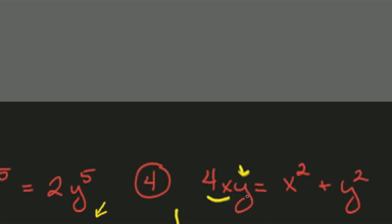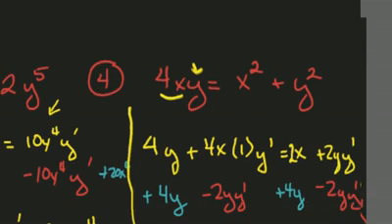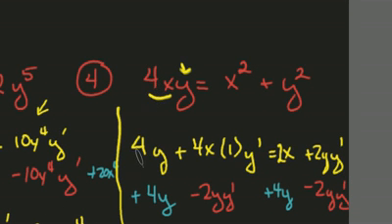Go ahead and pause it and try it. You should notice that this is a product, so you're going to need the product rule. 4x is going to be my u, y is going to be my v, or g of x and f of x. So if you did that, you would derive the 4x to get 4, y no change. Since I didn't derive it, I don't put a y prime.